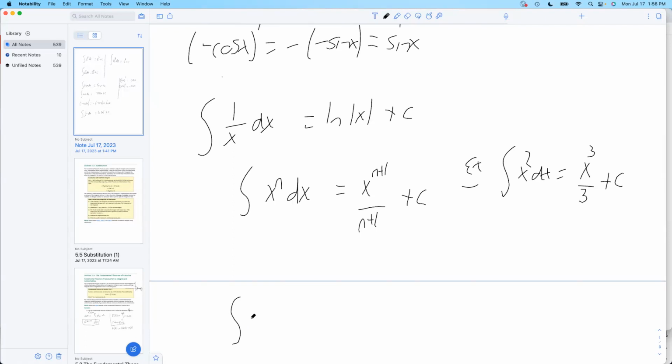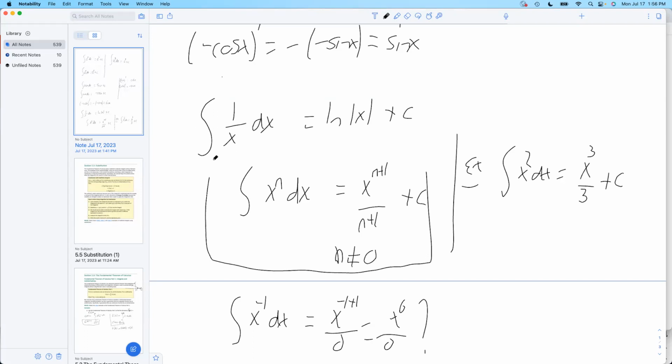If I tried that, that's x to the negative 1 power. If I tried raising that up by 1, negative 1 plus 1 would be 0. So I would get x to the 0 over 0. What does that mean? You can't divide by 0. That's undefined.